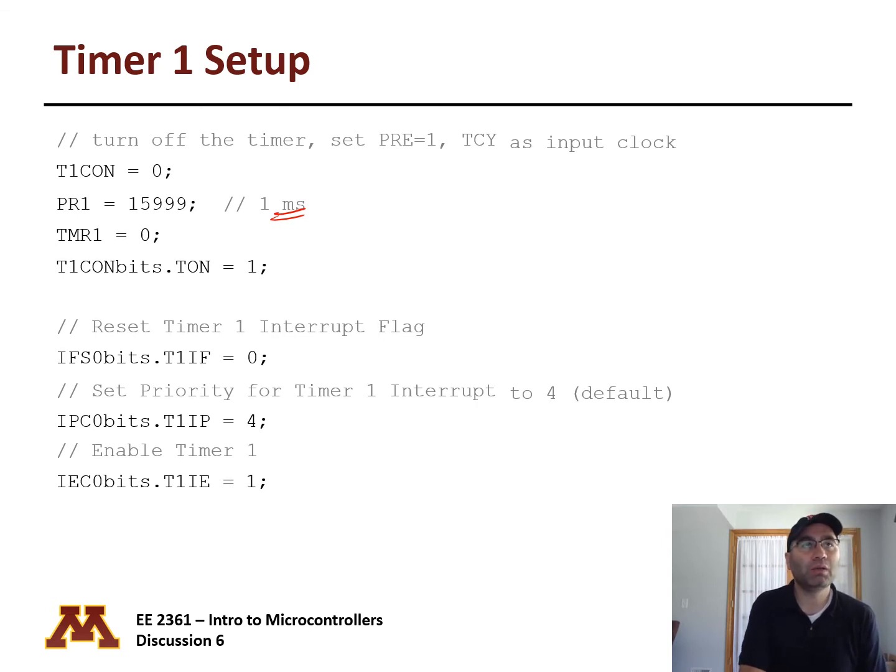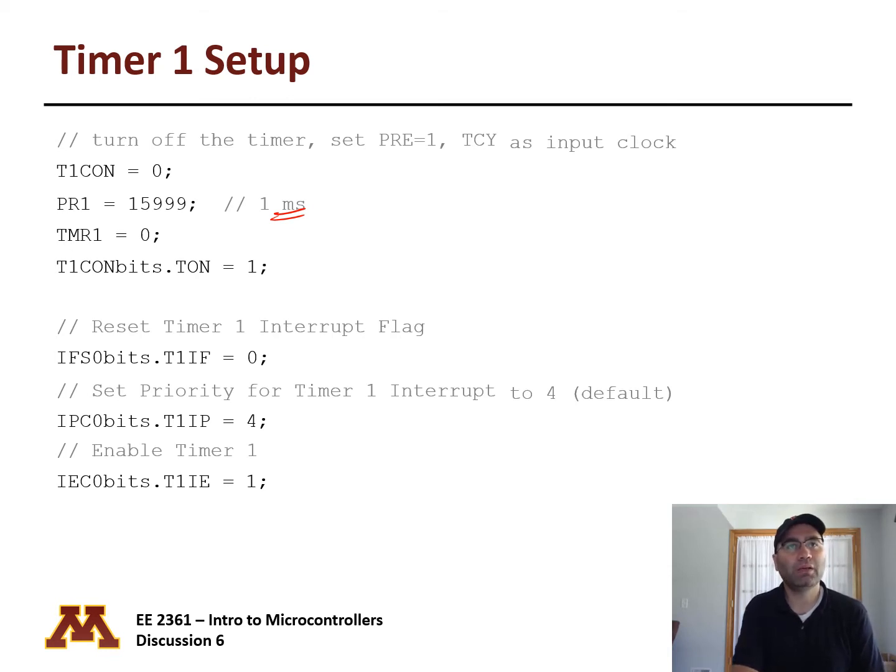We reset the Timer 1 value to make sure we don't have any value from previous runs. And finally, after all this setup, we enable the timer. So here we disable the timer, set PR1, clear the timer, and turn the timer on.